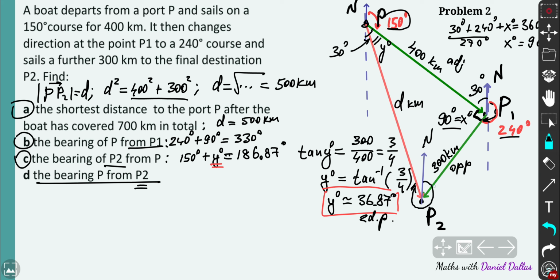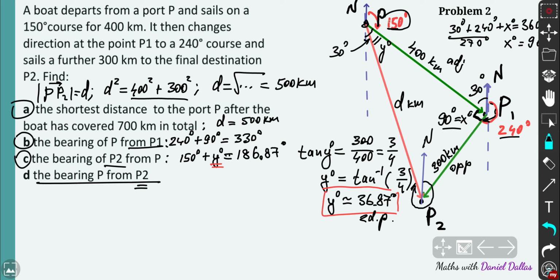We have 100, yes. If we use two parallel lines and the second line, we actually can arrange the angle 150 plus y, right, in total. Because we actually found the bearing of P2 from P. So now we can calculate that.